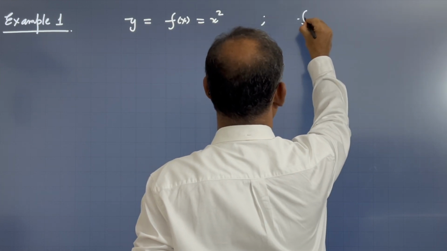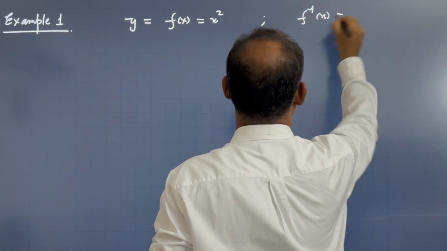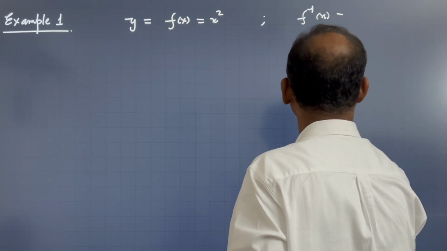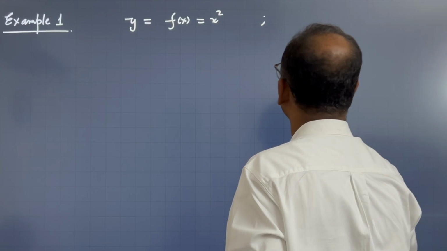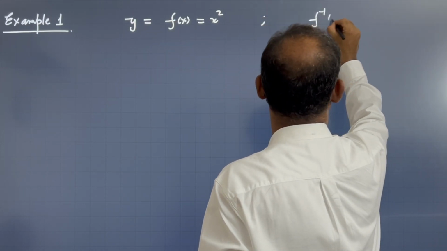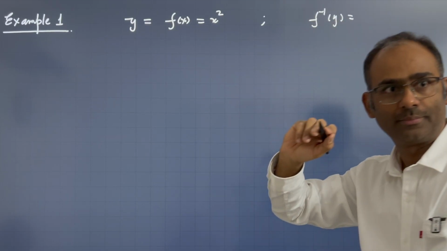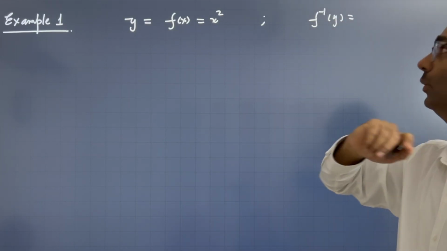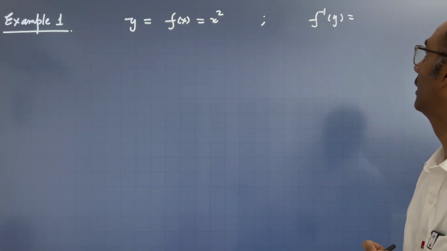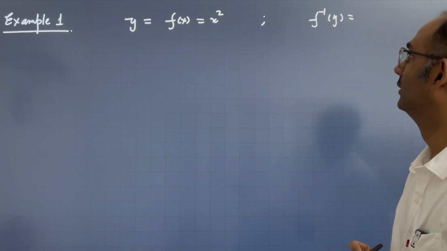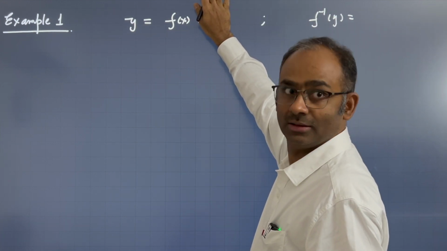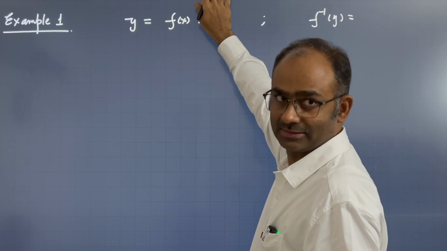So what is f inverse of y? What is the inverse of x square? Take that relation, take the inverse both sides. F inverse of y is equal to x.